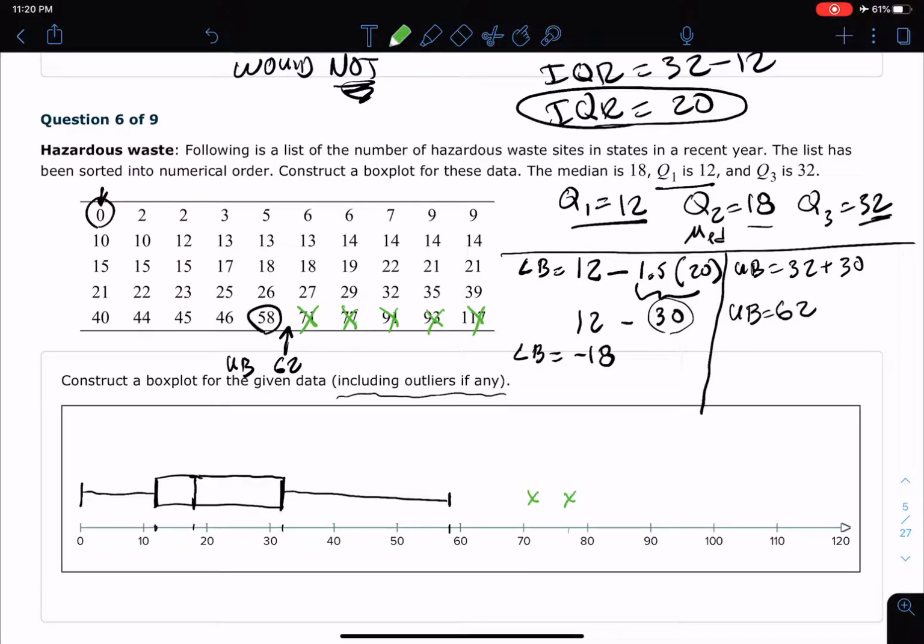We have, I don't know if you can see it because I crossed it out, but I think it's 91. So 91 is about there. So that's another one crossed out. I got 93, so that's about there, crossed out. And then we have 117, which is just a little 3 back from 120, and that got crossed out. So there's our modified box plot.